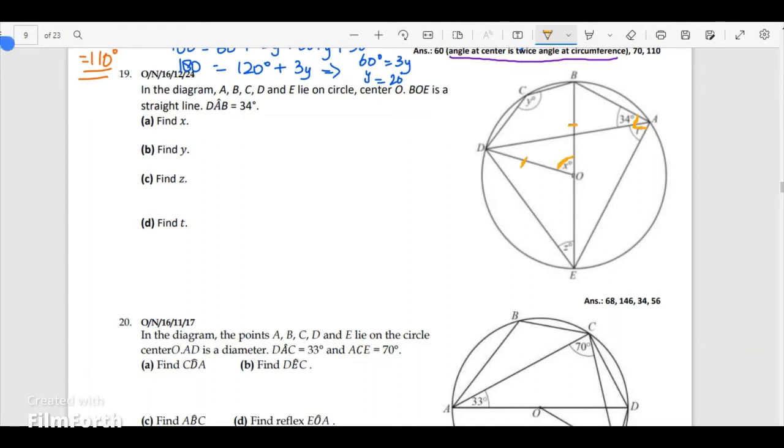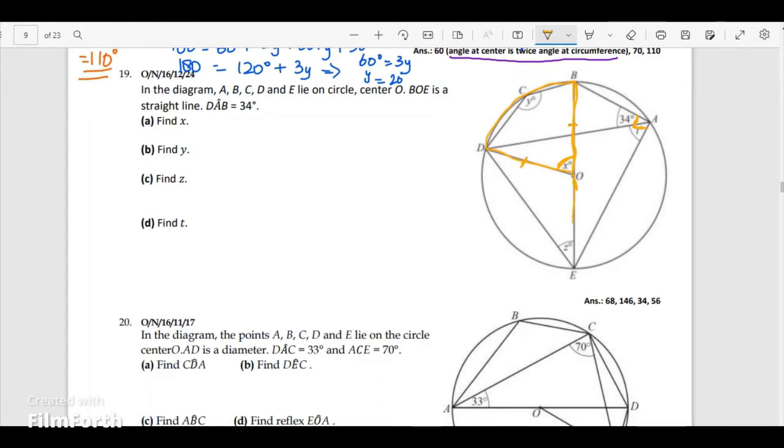So if you notice, this angle x is coming from this arc BCD, this arc right here. Let's just figure out if this arc is making any other angle, and that too on the circumference.